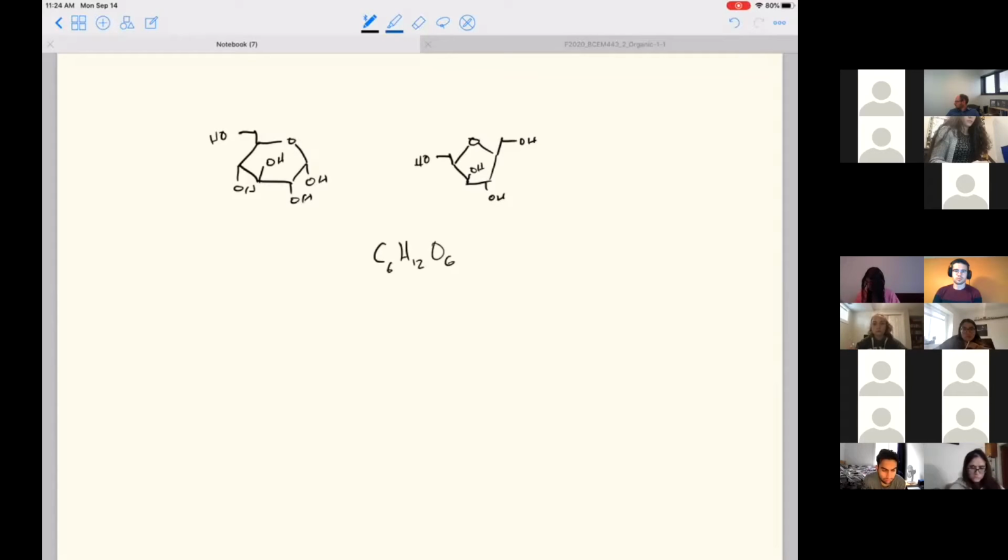Someone wants to go over how to tell which molecule is most planar. Well, that has to do with the types of bonds.